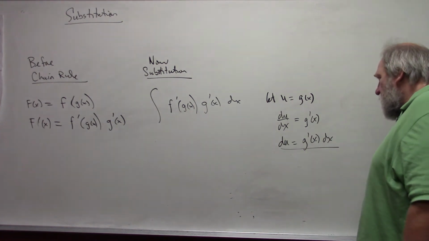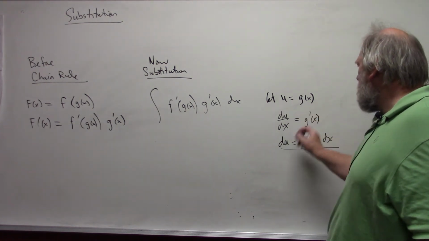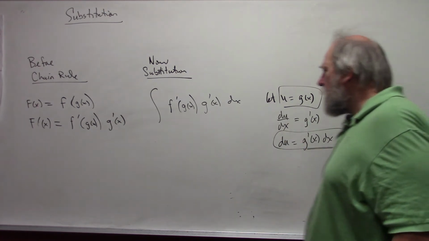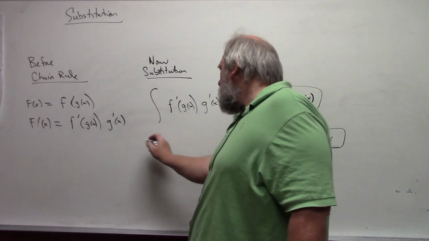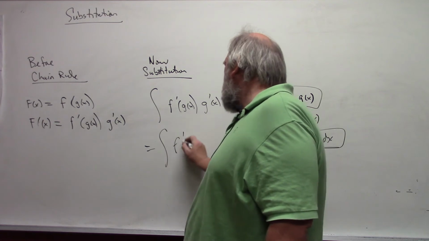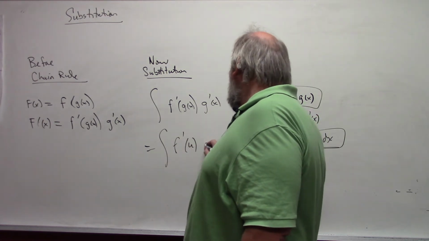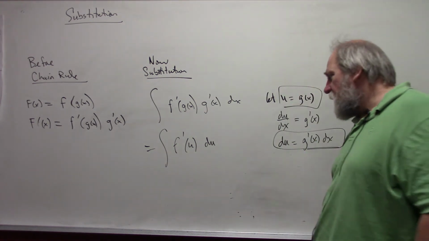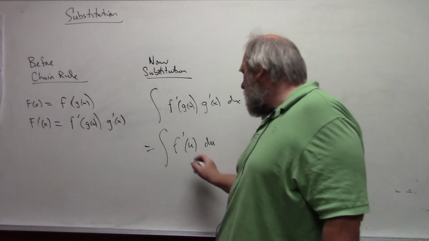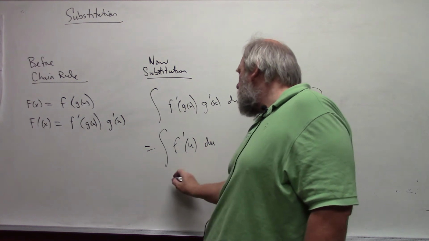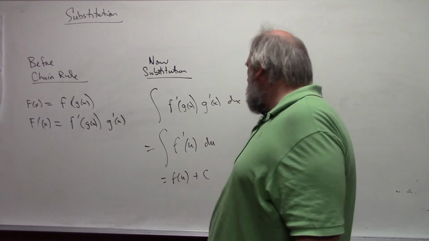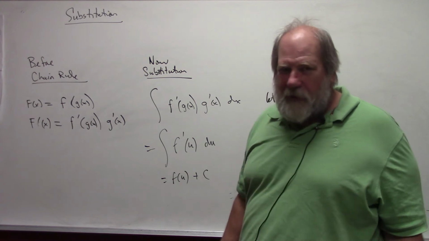And now literally we substitute what I had for u and what I had for du into my original antiderivative. This then becomes f prime of u times du. And now this is just a simple basic antiderivative. It is the derivative of f. And then we make sure you substitute back. We do not want u.